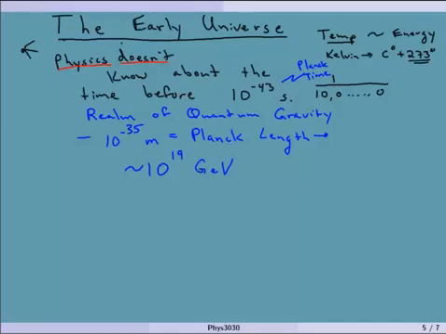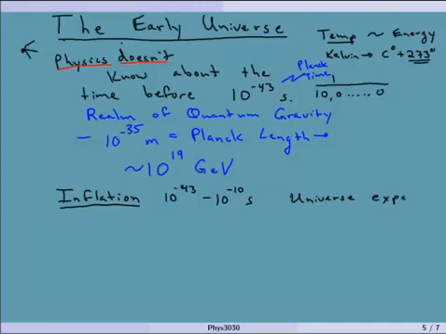Now, the first part that I can talk a little bit about, which I'm not going to go into too much because the next chapter is all about inflation, is this: from about 10 to the negative 43 to 10 to the negative 10 seconds, which is still really small, the universe expands really, really fast.